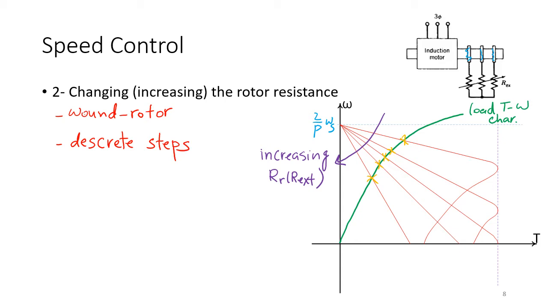And finally, as we previously mentioned, the problem is high losses. We are adding resistance to the circuit. It means more losses.